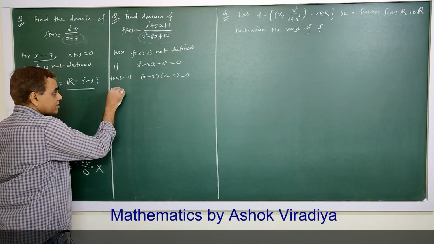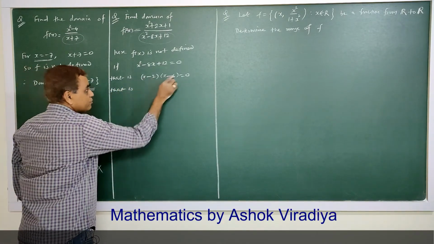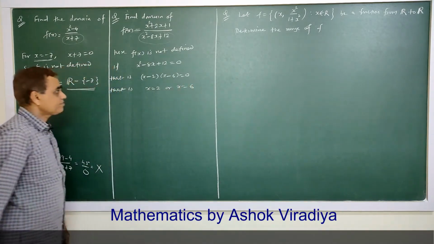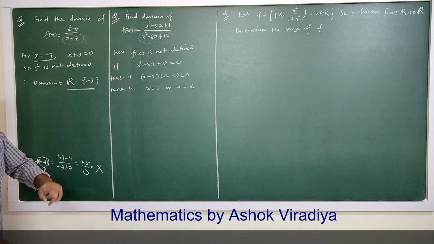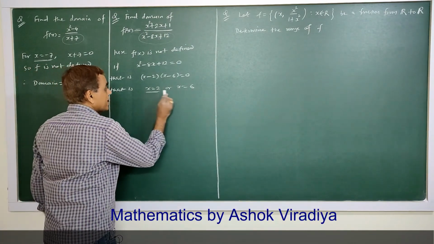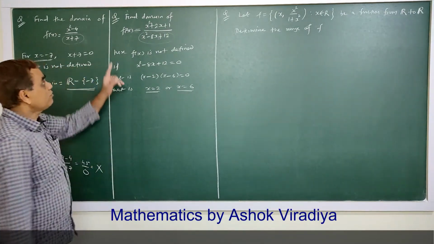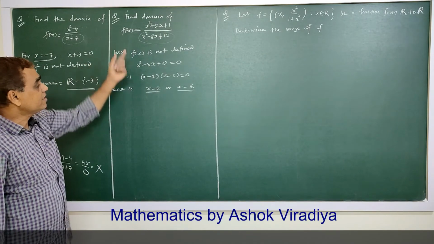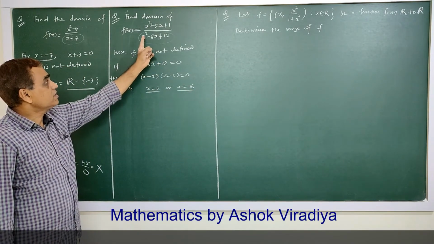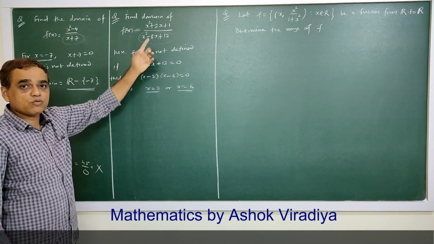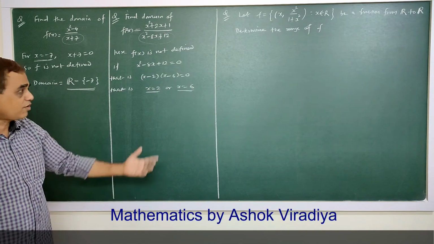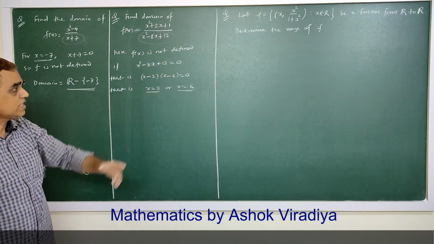That is, when this product is 0, x is 2 or x is 6. That means, if we take x equal to 2 or x equal to 6 in this formula, then for these numbers this is 0. So the function is not giving anything for x equal to 2, x equal to 6.